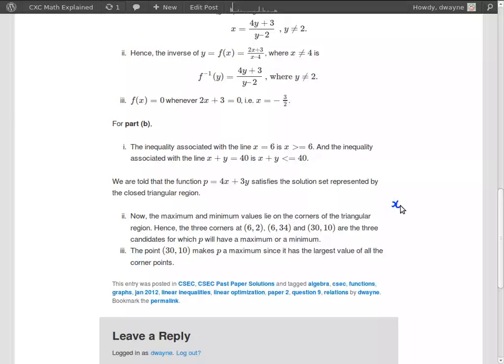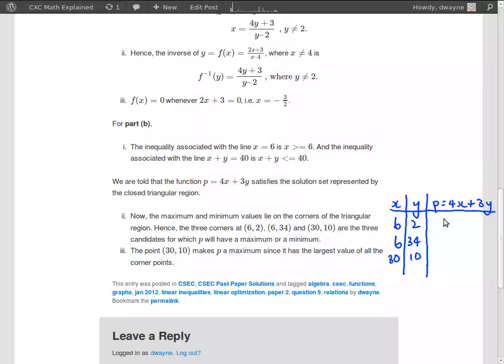Call this x, y, and p equals 4x plus 3y. The points are (6, 2), (6, 34), and (30, 10).